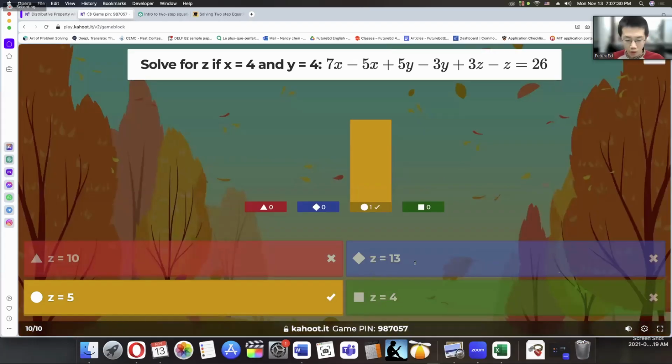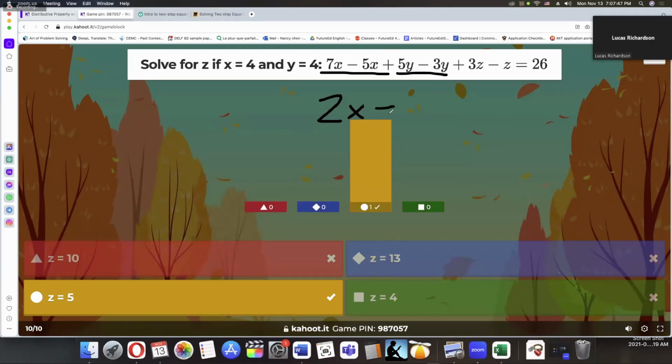Okay, well, I'll write out the answer for this one. So you solve the first part, 7x minus 5x. That's just 2x, right? Lucas, do you mind staying unmuted just in case? Yeah, thank you. Okay. And 5y minus 3y, you also got that.